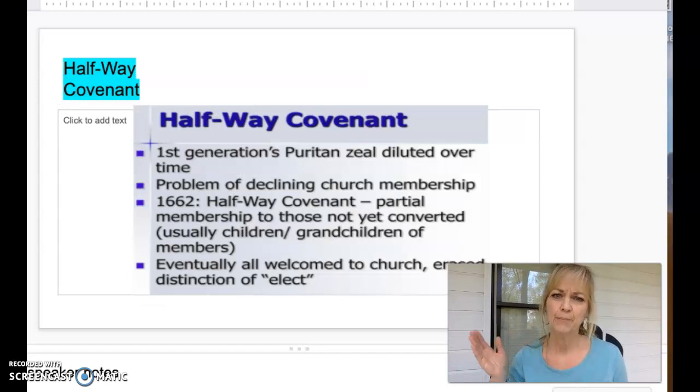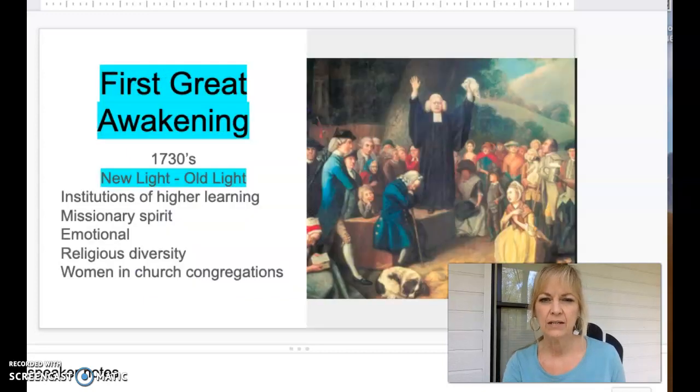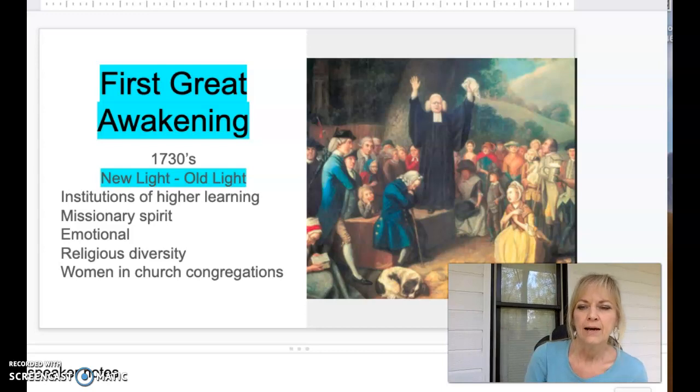As you see time progressing, you had fewer and fewer members in the church, and so that had diluted over time, and so they had to come up with the halfway covenant, like you were a partial member. Anyway, this is all going to lead to the First Great Awakening, which takes place in the 1730s. Remember, we have a First Great Awakening and we have a Second Great Awakening.